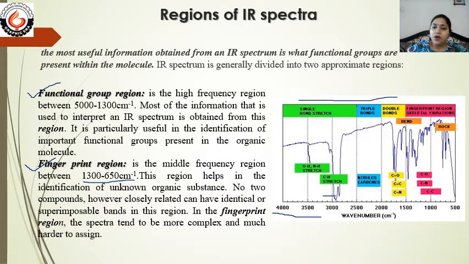So with the help of the fingerprint region, we can easily differentiate closely related structures. The fingerprint region is quite complex but very informative if we want to differentiate between two closely related structures.